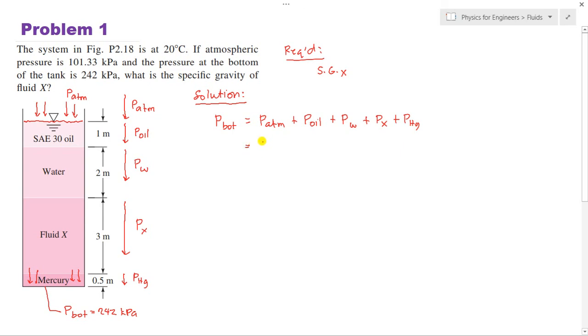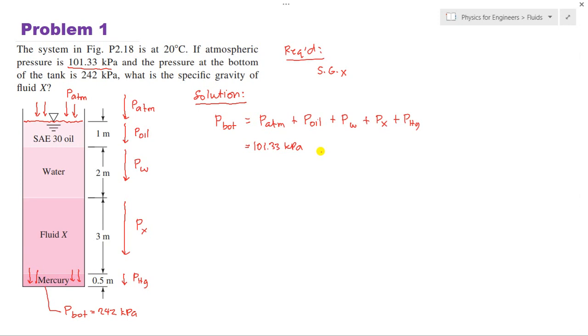We all know the atmospheric pressure given in the problem, that is 101.33 kilopascal. So we write 101.33 kilopascal. The problem in solving here is the units. Our units must be uniform.